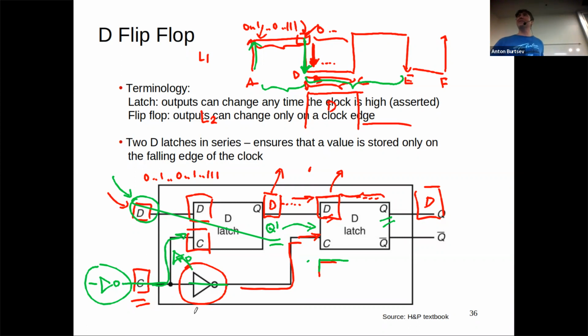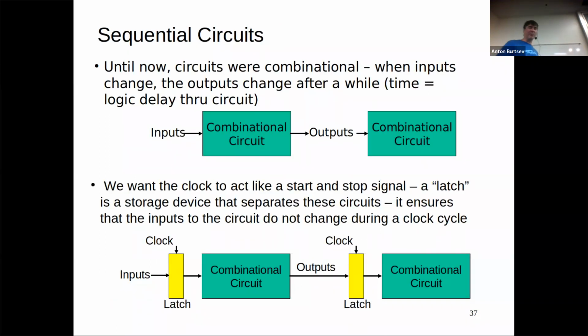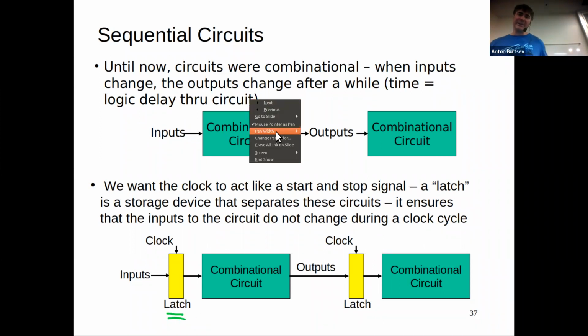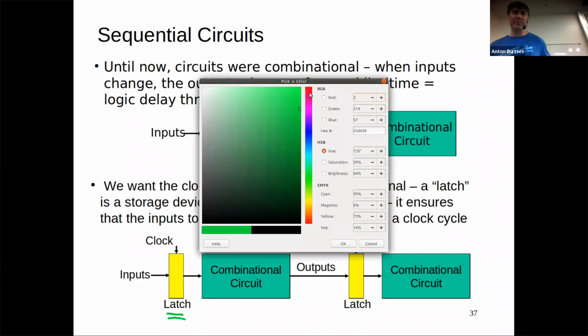So latches and flip-flops, this is your memory, right? This is how we're going to build this tiny yellow component. I keep saying latch, and I will continue saying latch, although in practice any real machine will use a flip-flop.